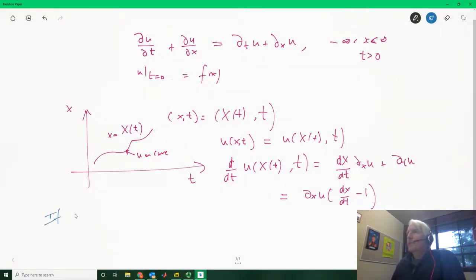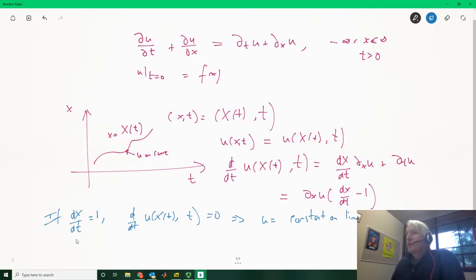If dx dt equals 1, then the d by dt of this function u of x of t comma t must equal 0. So u is a constant on the line. Okay?